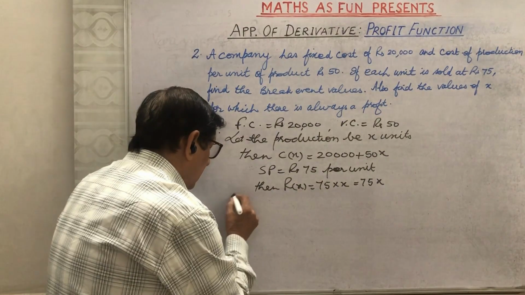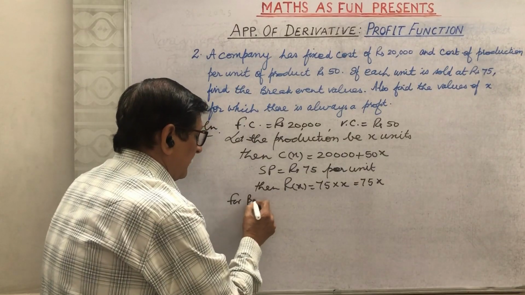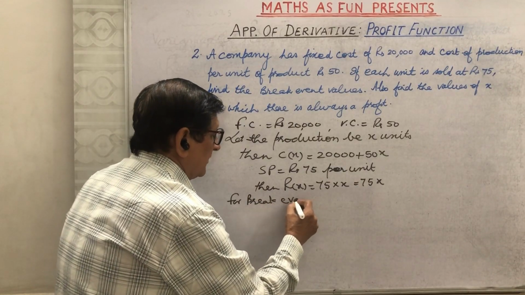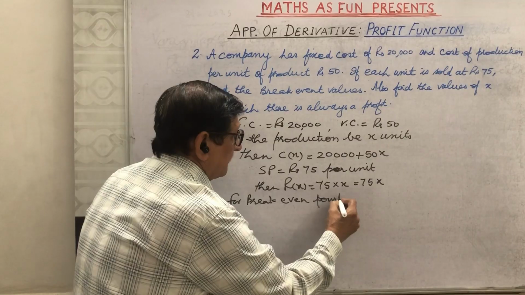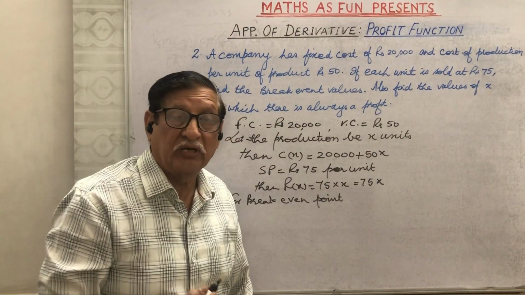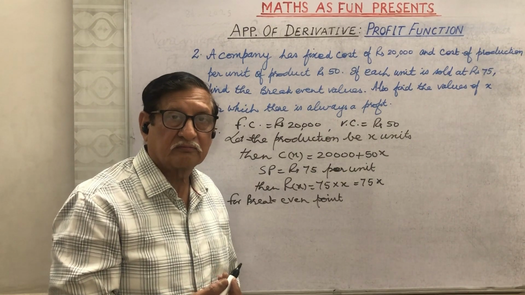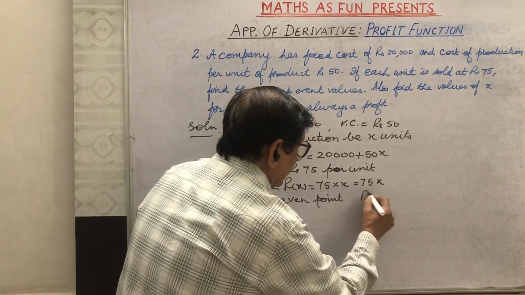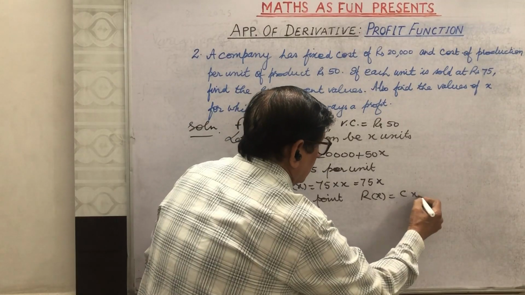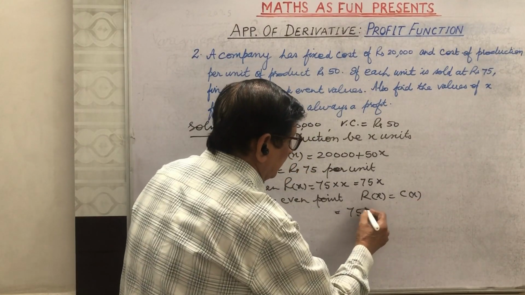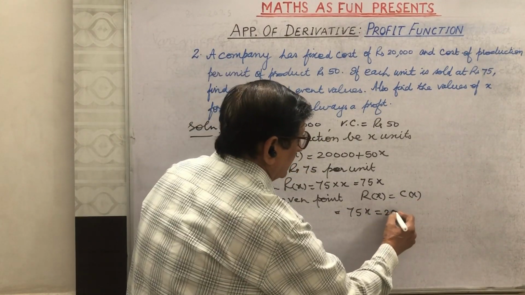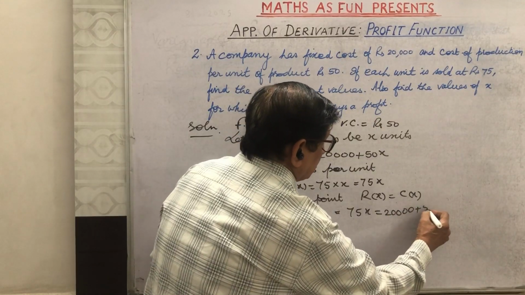Now for the break-even point, we have the formula that R(x) should be equal to C(x). It means 75x is equal to 20,000 plus 50x.